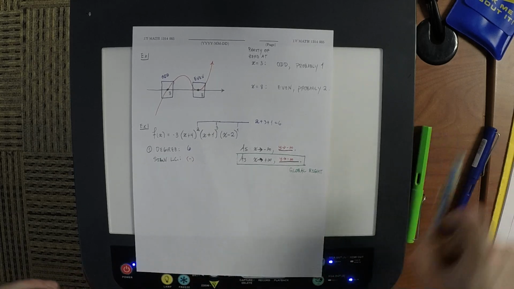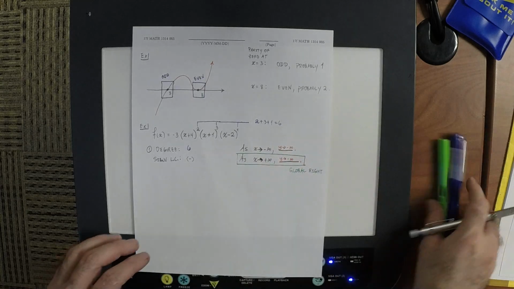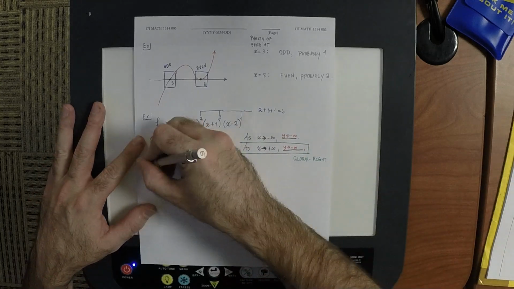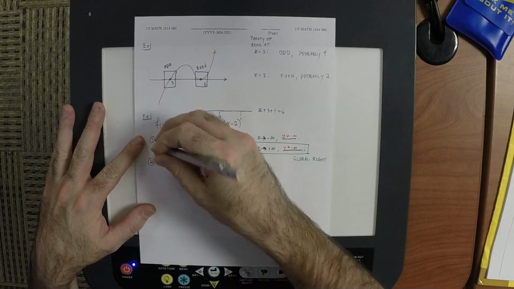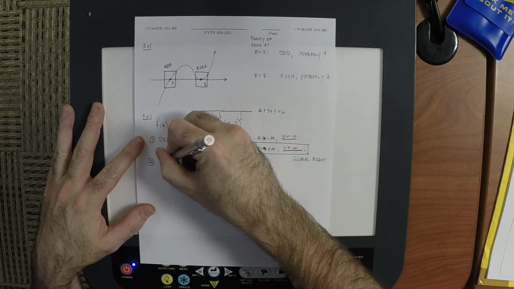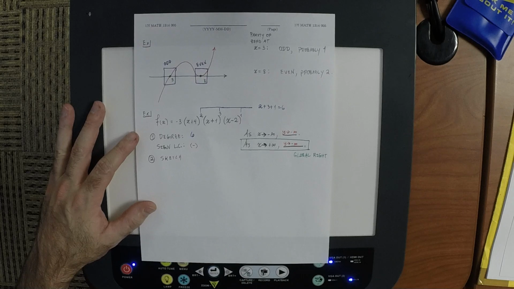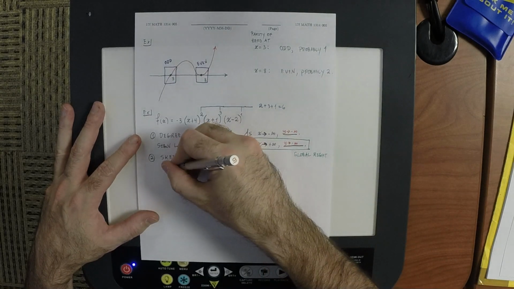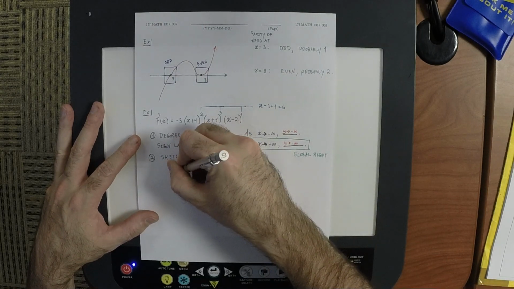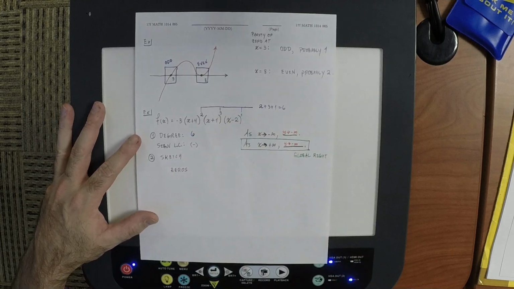Okay, now that we know these were all questions about the global behavior, I want you to please provide a sketch. The aspects of the sketch that I'm looking for are that all of the zeros need to be in the correct place.